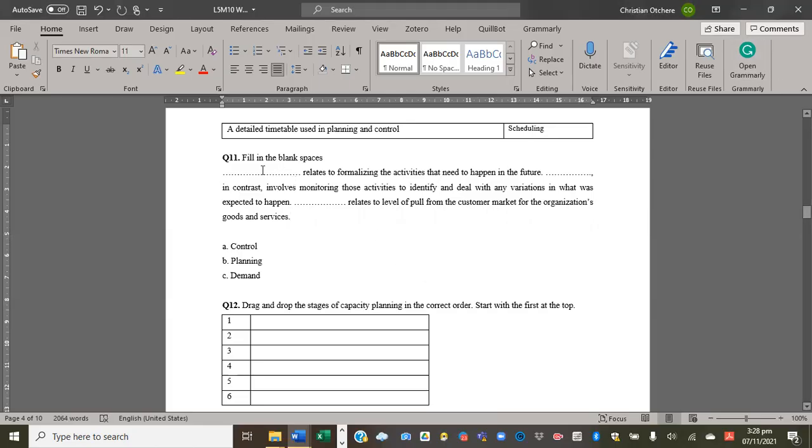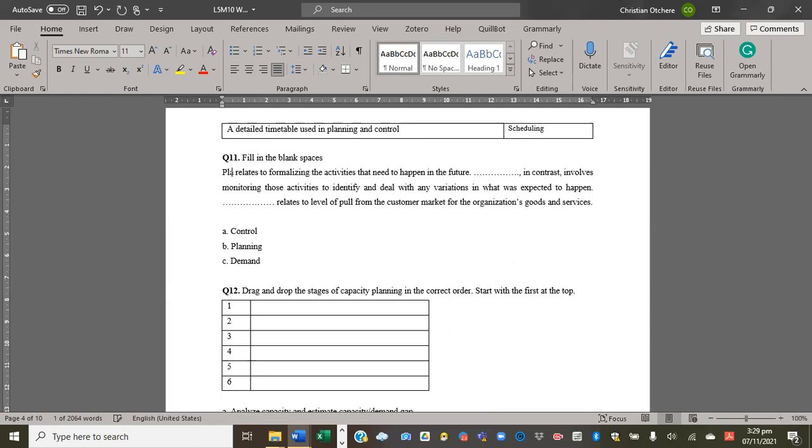Okay. So question 11. Dash relates. We are using control, planning, and demand. Dash relates to formalizing the activities that need to happen in the future. What is it? Planning. Planning, okay.